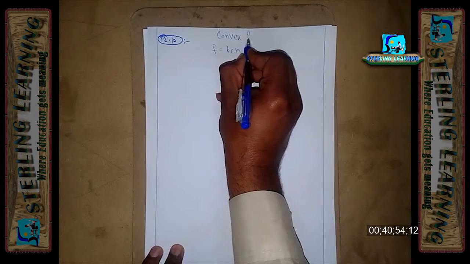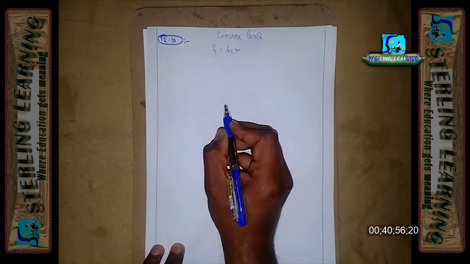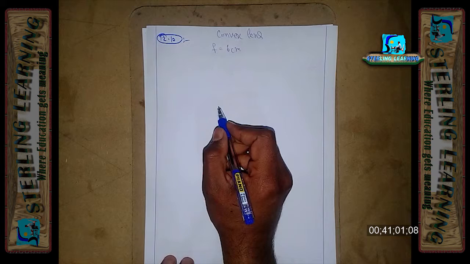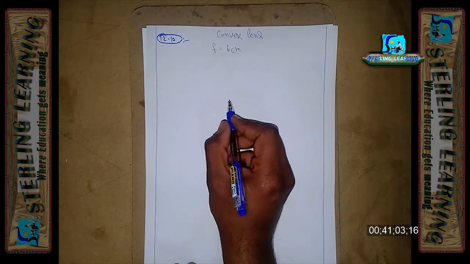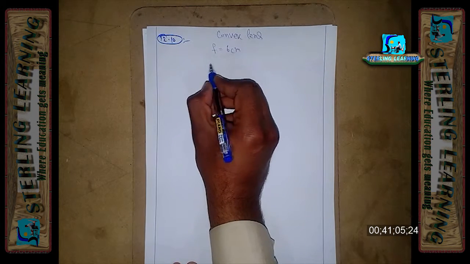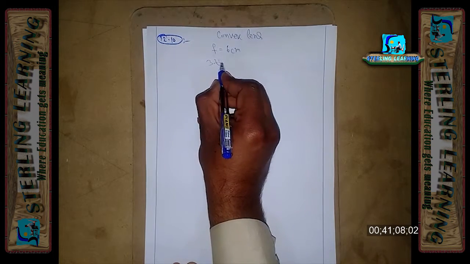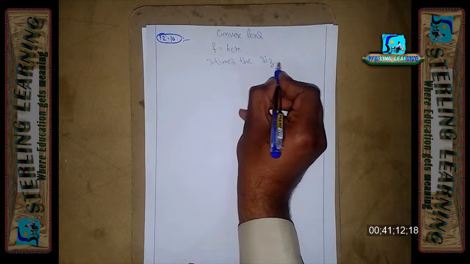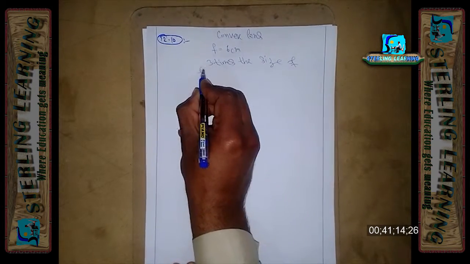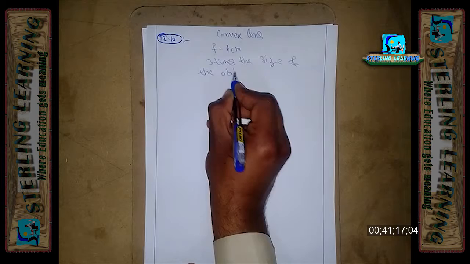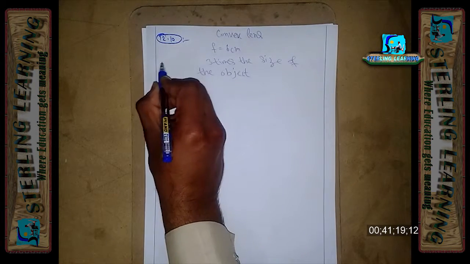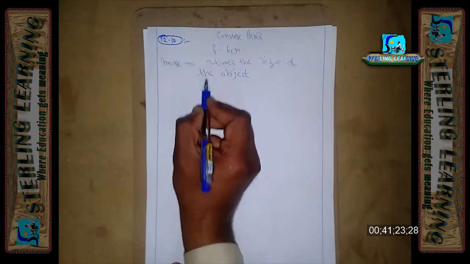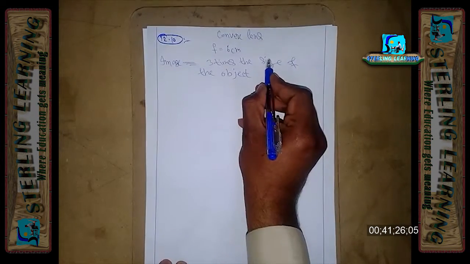Convex lens to form a virtual image 3 times the size of the object. Image is equal to 3 times the size of the object.